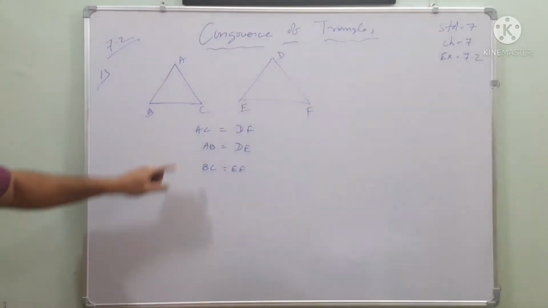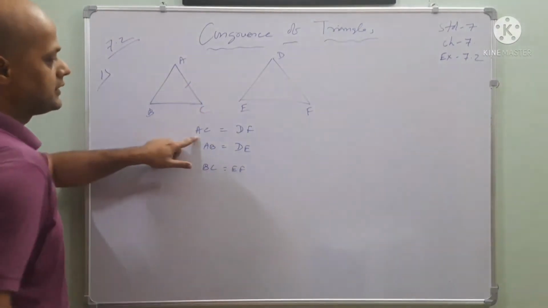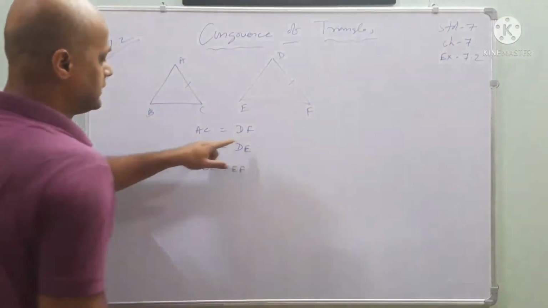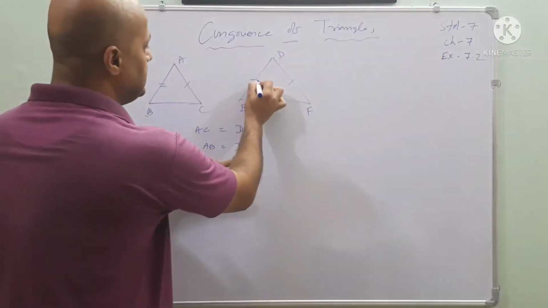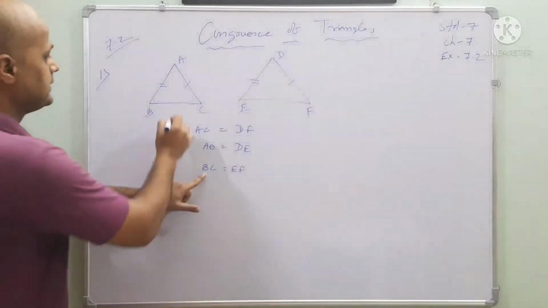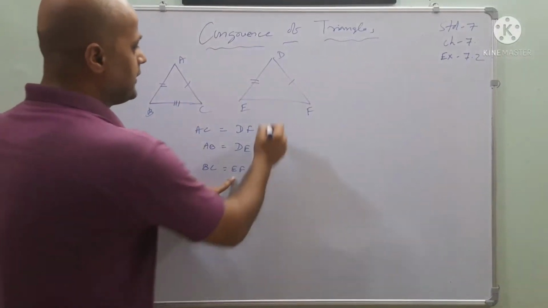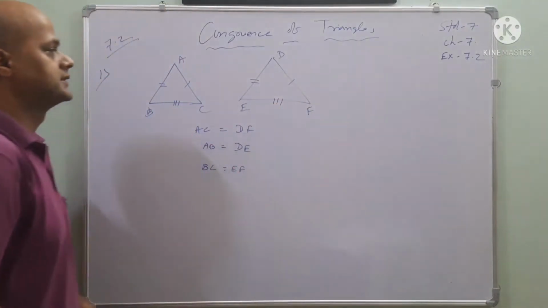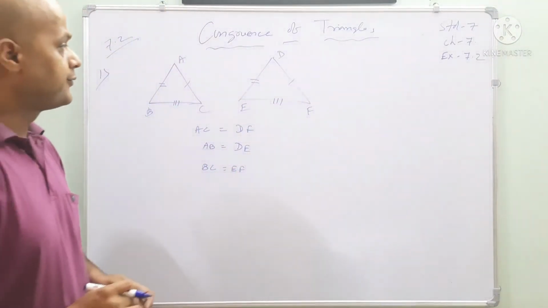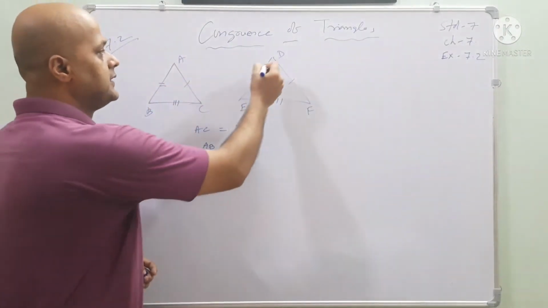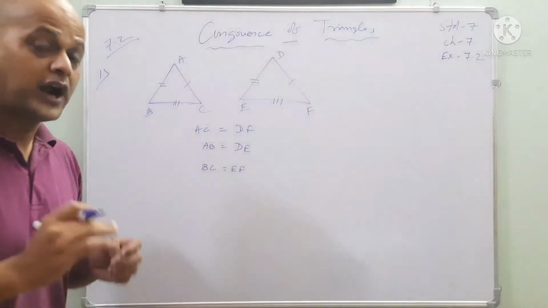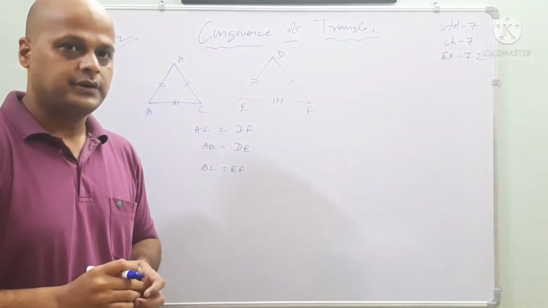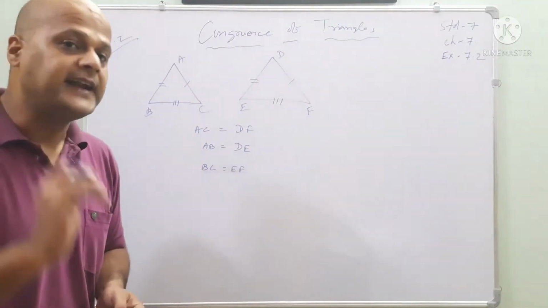Now tell me, AC is given, DF is given, AB is given, DE is given, BC is given, EF. Here it is saying the three things. Now you just tell me, what are the hints given in this drawing? What do you observe? Yes, very good. Three sides are given.